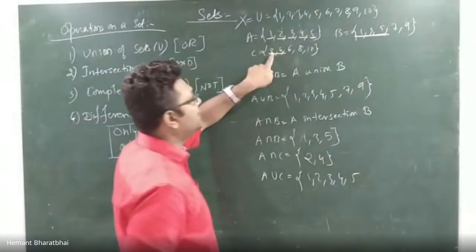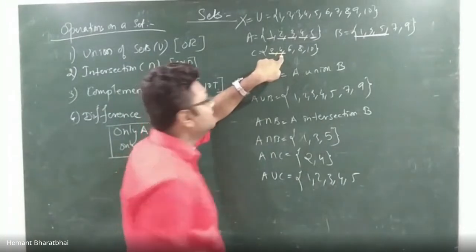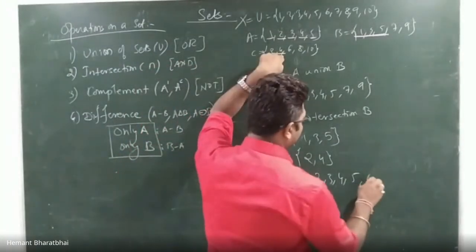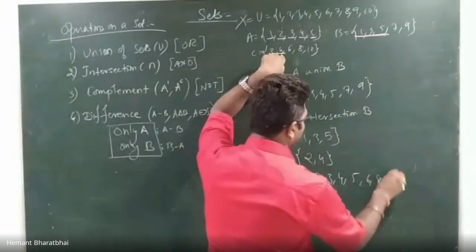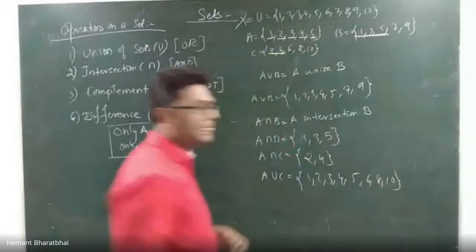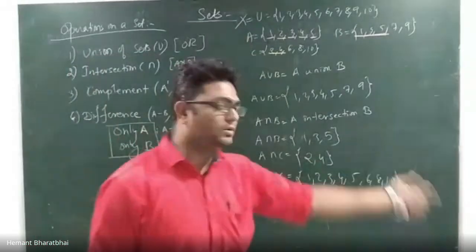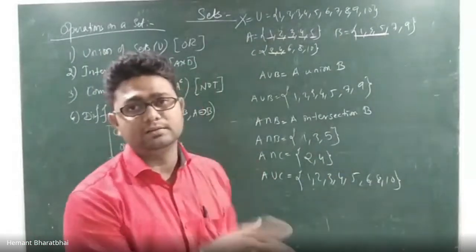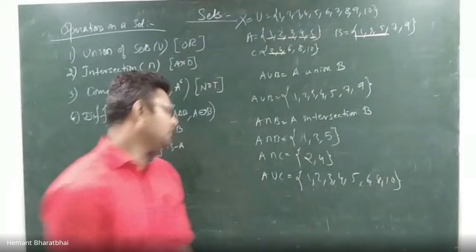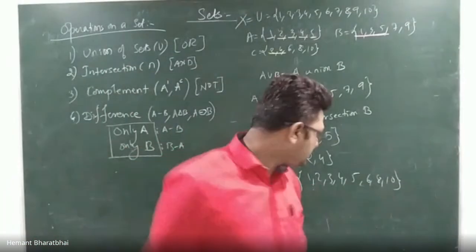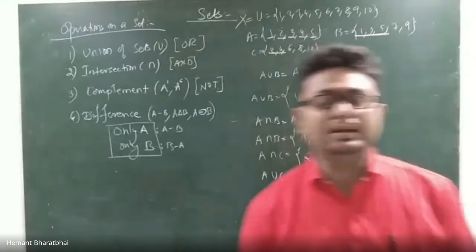And elements of C: 2 and 4 are already written. Then 6, 8, and 10. So this is A union C. 2 and 4 were already written, so one element can be written only once. So we cannot write 2 and 4 again. So I wrote 1, 2, 3, 4, 5, 6, 8, and 10.